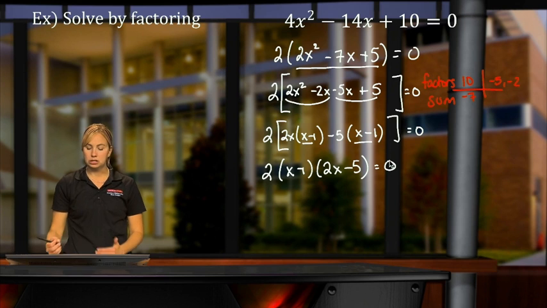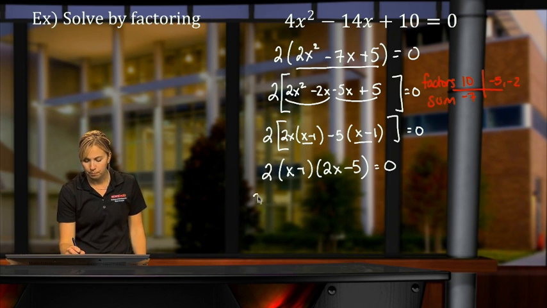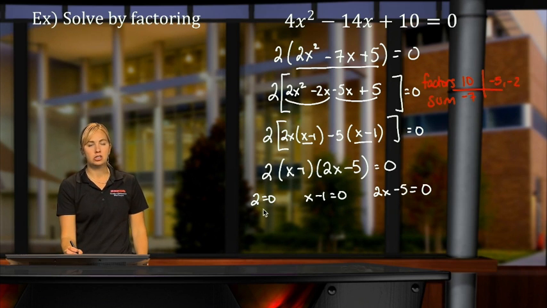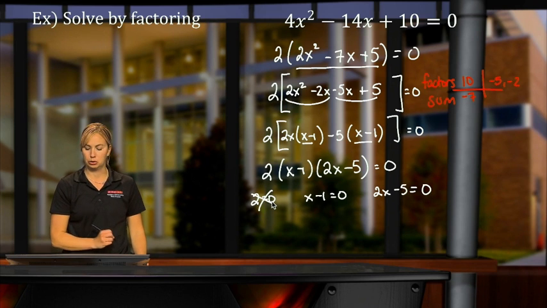This was all equal to 0, and now that it's factored, we set each factor equal to 0. The first equation, 2 equals 0, there is no solution because 2 is never going to equal 0.